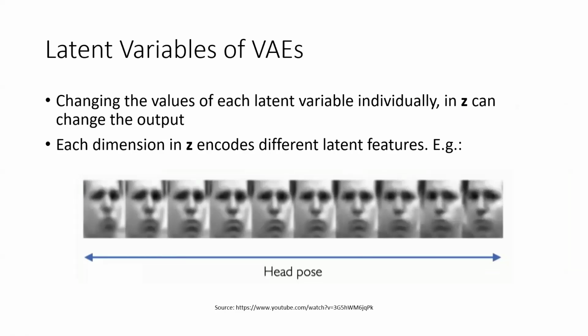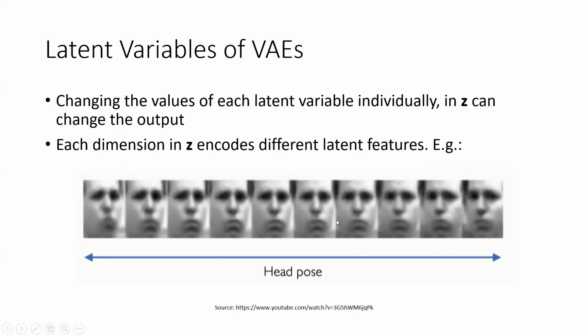When you take a certain variable in this z vector, which is a latent variable, as I said earlier, these latent variables can govern how the image looks, right? If you take a certain variable relevant to the head pose of an image and change its value little by little, keeping all other variables constant, you can see that the image generated from the decoder changes.